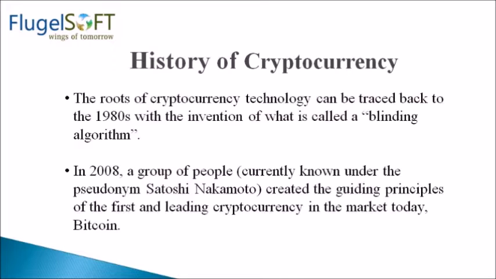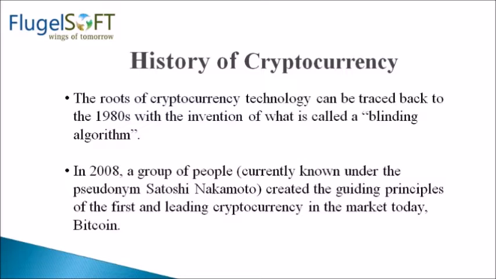The roots of cryptocurrency technology can be traced back to the 1980s with the invention of what is called the blinding algorithm. The algorithm is all about secure and immutable digital transactions. It remains fundamental to the modern day digital currency.